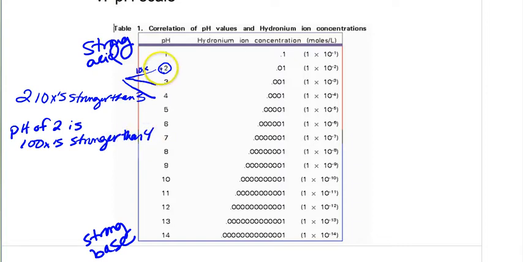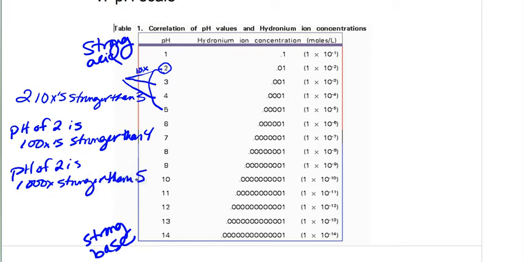And if you were to compare 2 and 5, now it's 10 times 10 times 10. So now you're talking about 1,000 times stronger. So a pH of 2 is 1,000 times stronger than 5, and so on.